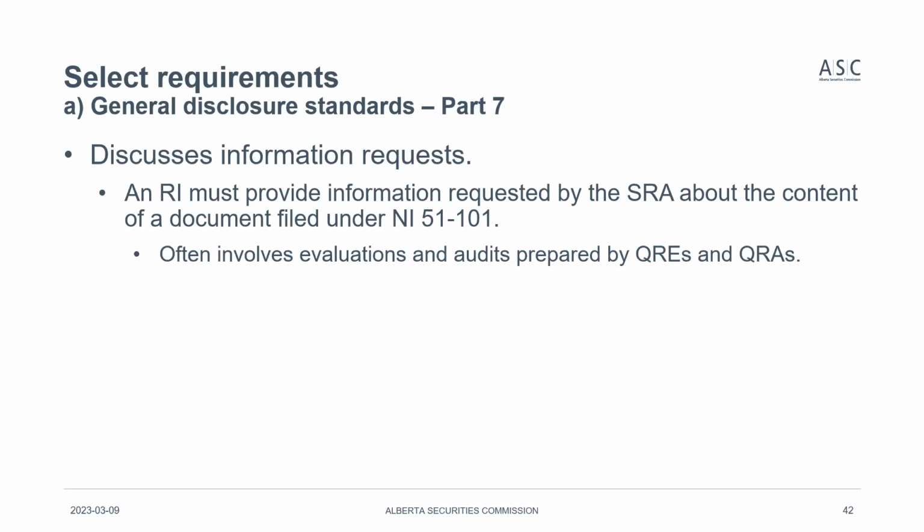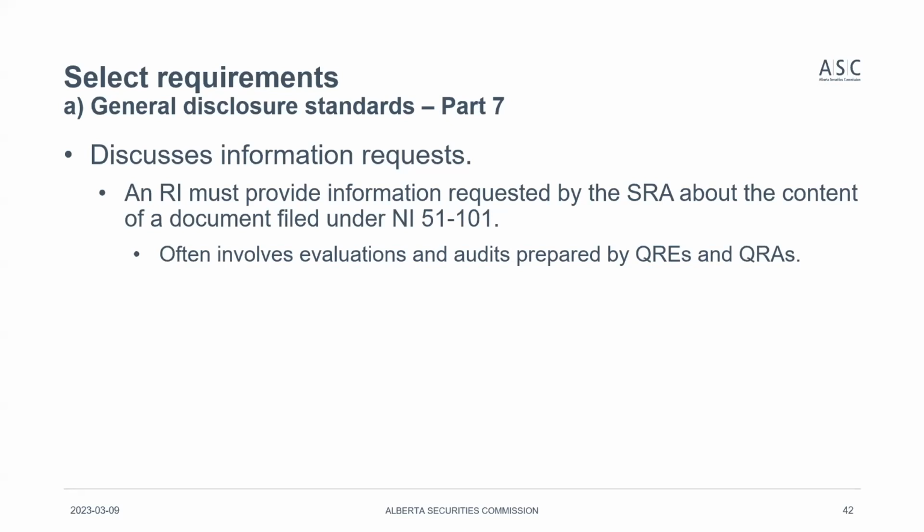We can use Part 7 to request information related to 51-101. There are also other areas under the Securities Act where we can require or compel information to be provided, which includes 51-101 but a lot of other things. But Part 7 is used specific to 51-101.